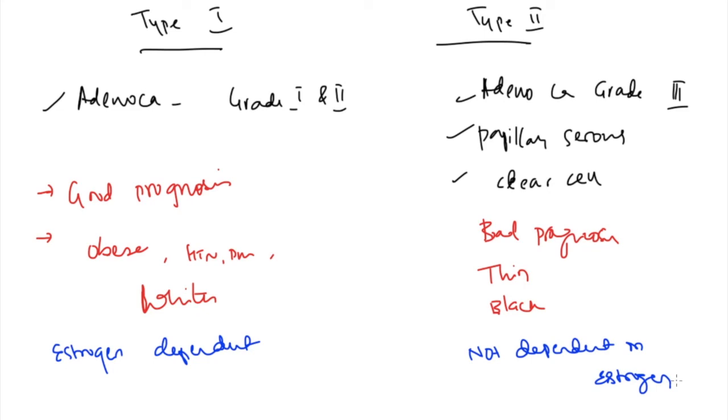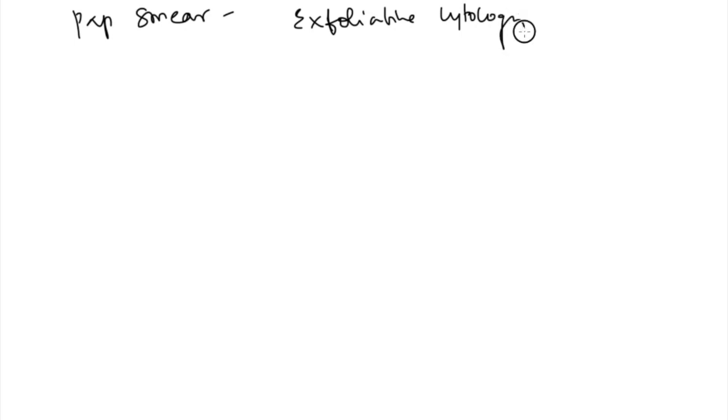So sometimes this kind of classification might be asked. We have seen about the clinical stages. Is pap smear useful here? This might be one of the questions asked. Pap smear is just exfoliative cytology, so it just tells that the cells are abnormal.